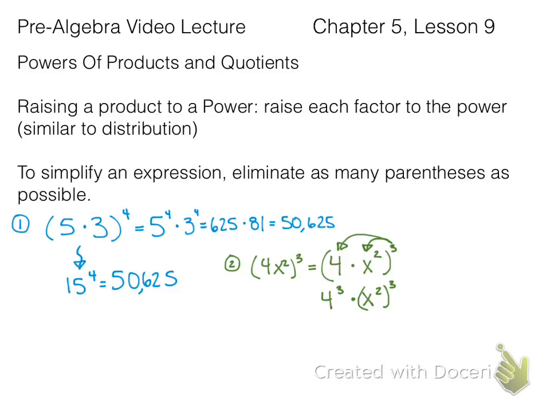You don't add them, you multiply them. So it's going to be 4 to the third, which is 64, times x to the second to the third, which is x to the second times the third, which is then x to the sixth, because 2 times 3 is 6. So we have 64x to the sixth.